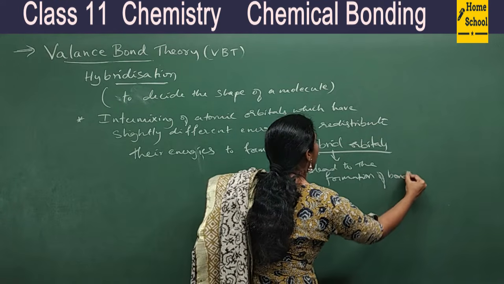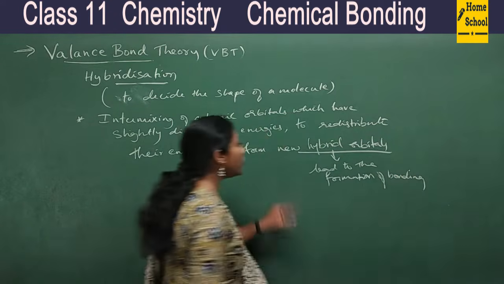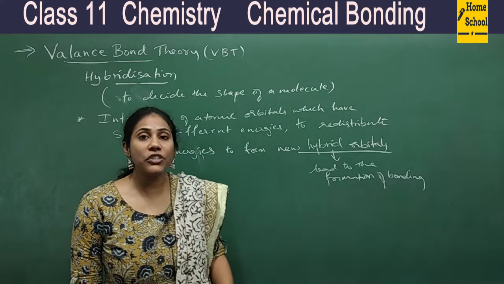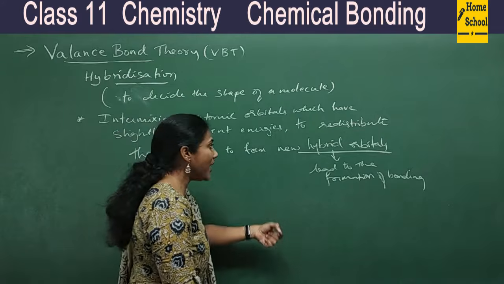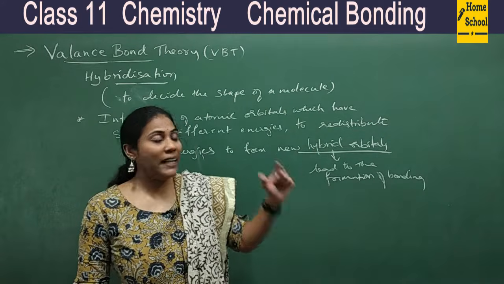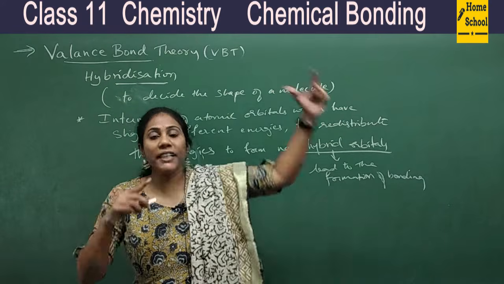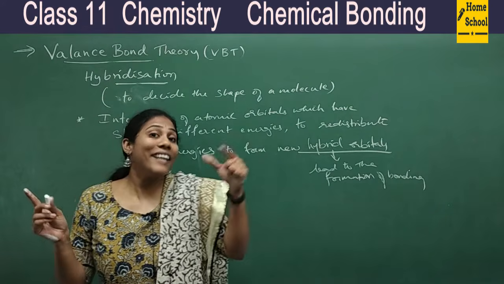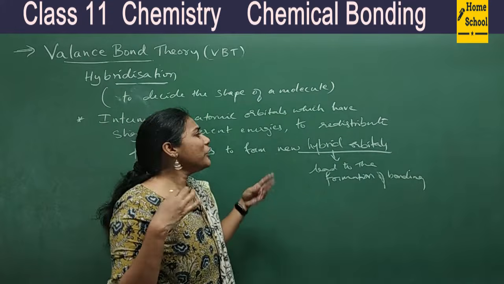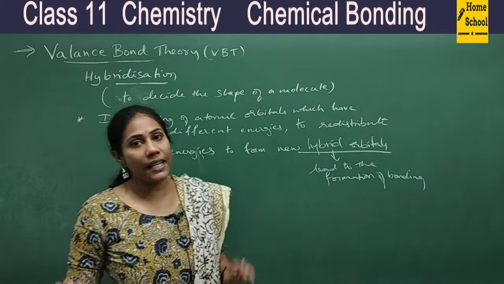The new hybrid orbitals that you get have equal energy, they have equal shape, and they have different orientation, but because they are arranged in different orientations, it leads to a particular shape for a molecule. All that you will understand with one particular example, guys.